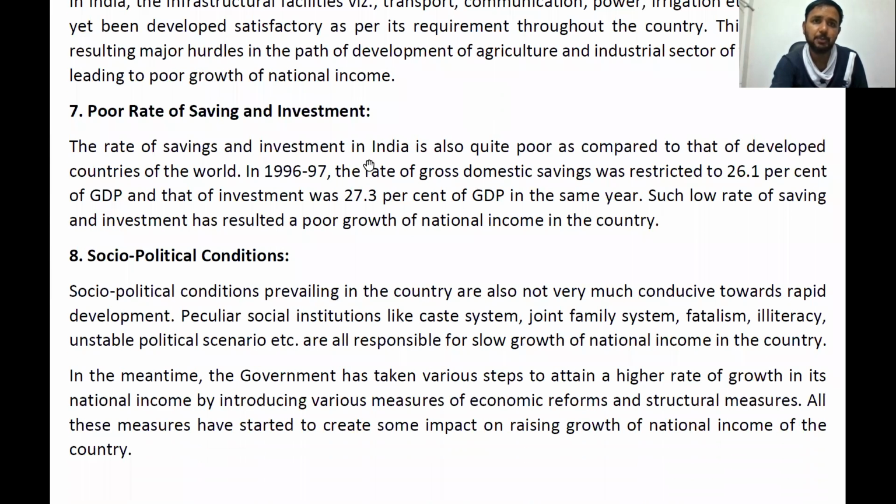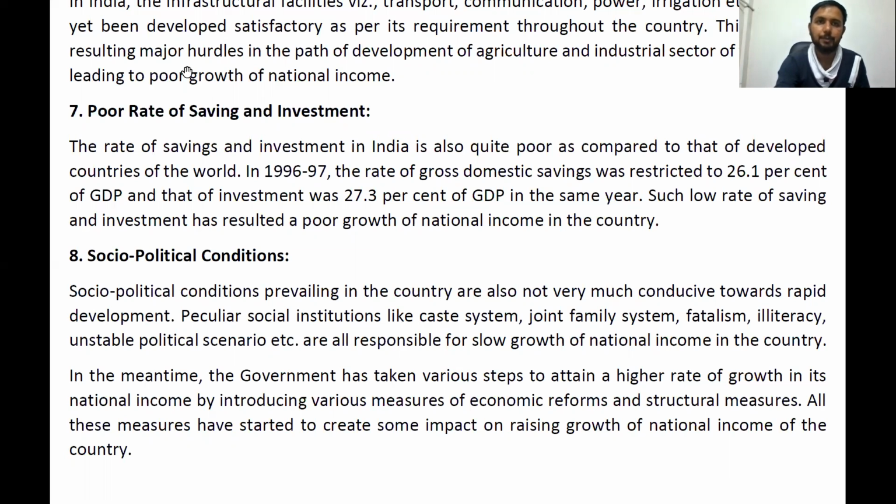The seventh point is poor rate of saving and investment. In our country, generally people believe in saving money, but when the saving is utilized as investment, then the growth rate will increase. We can raise our growth rate.